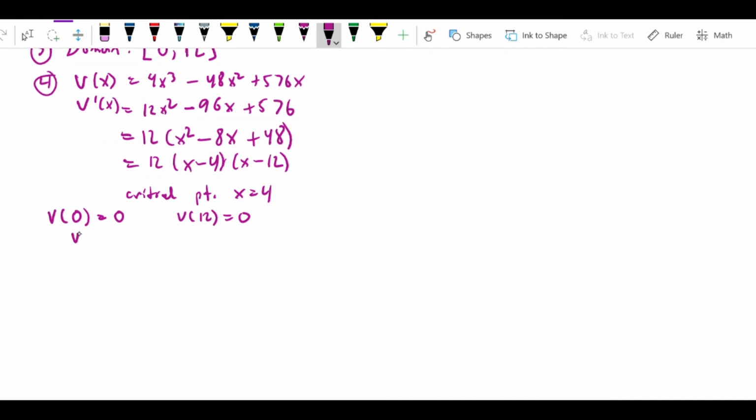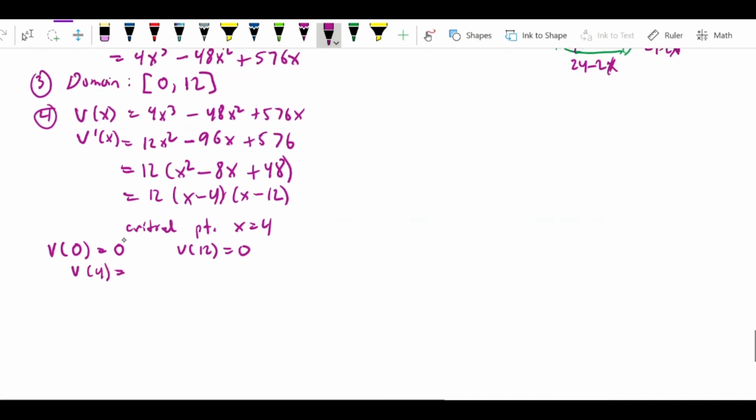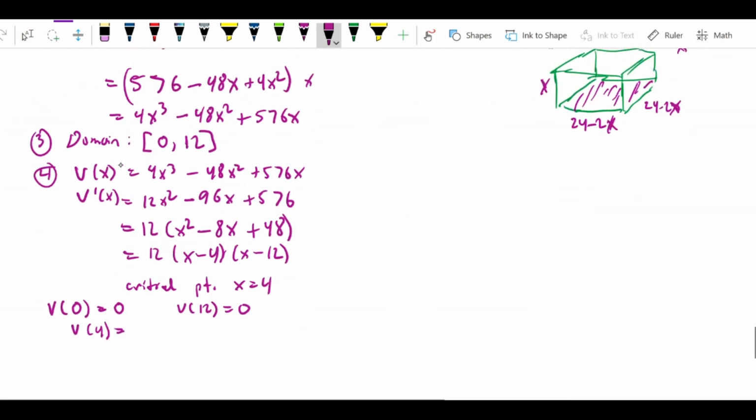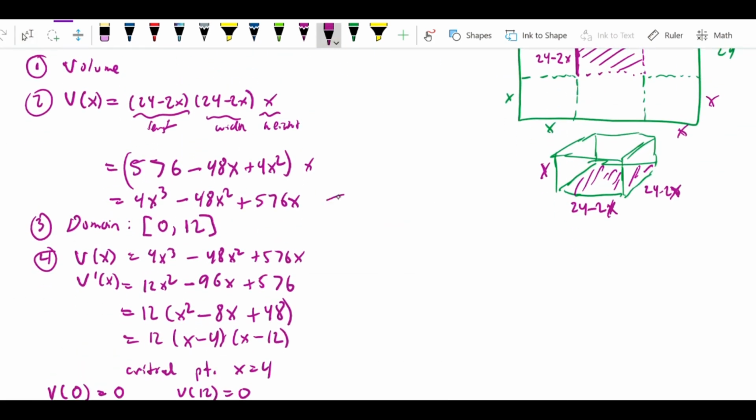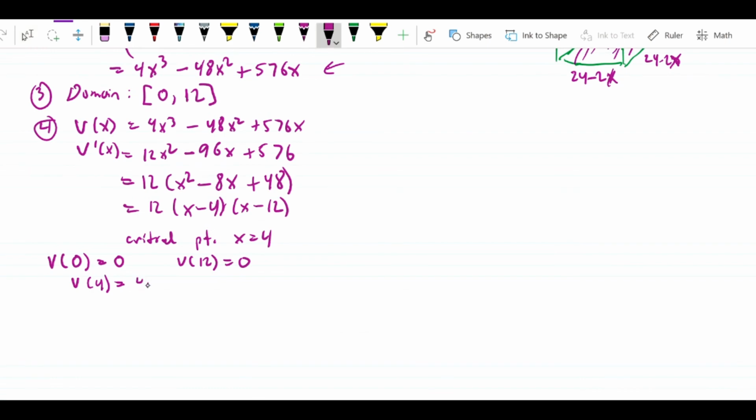On the other hand, if I plug in 4, using this form of the expression for V of x, I get 4 times 64 minus 48 times 16 plus 576 times 4, and that equals 1024. Clearly that's more than 0.